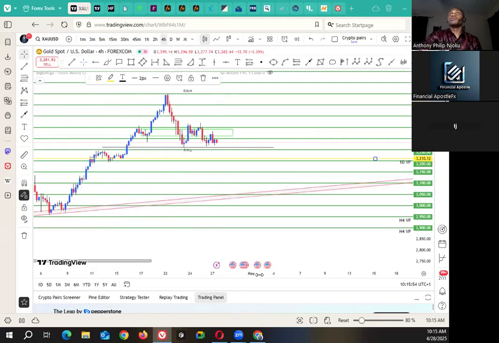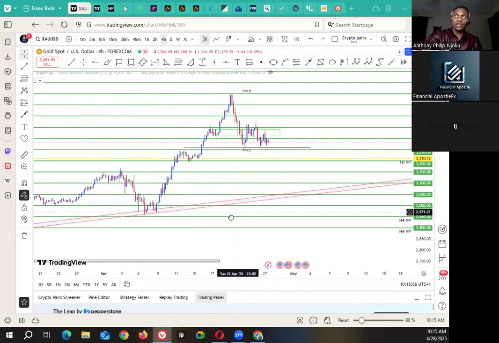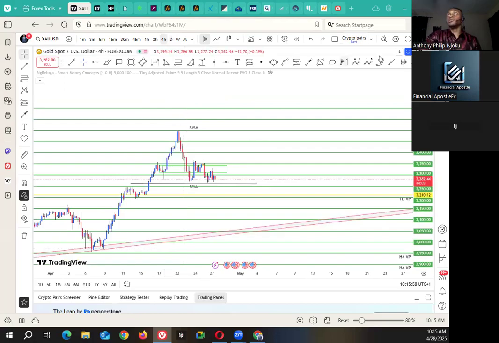On the 4 hours time frame, the structure has actually changed. If you look closely, you see this pattern is impulse, correction, impulse, correction, impulse, a change of character. Then this is looking like a head and shoulders pattern. So the market wants to have a good push to the downside on the sales.